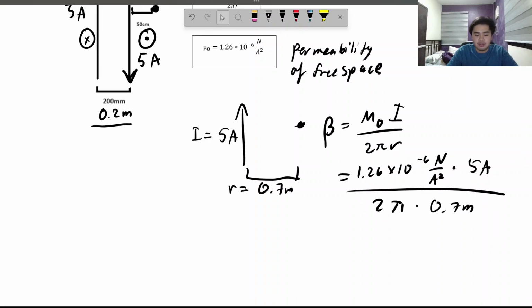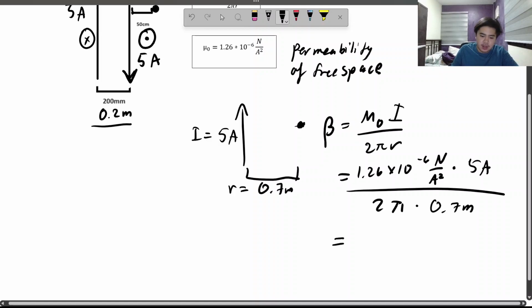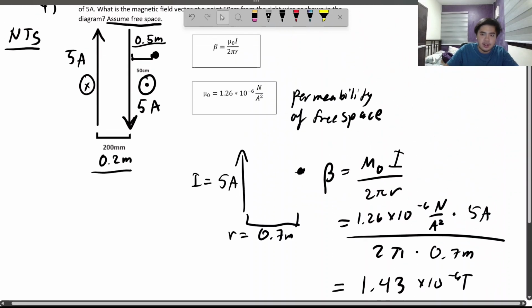Make sure it's board certified, otherwise you're going to struggle finding one of these. This is not board certified, by the way, this is illegal. But anyway, the magnetic field, my calculator says, is 1.43 times 10 to the negative 6 tesla, and in other units, 1.43 microtesla.